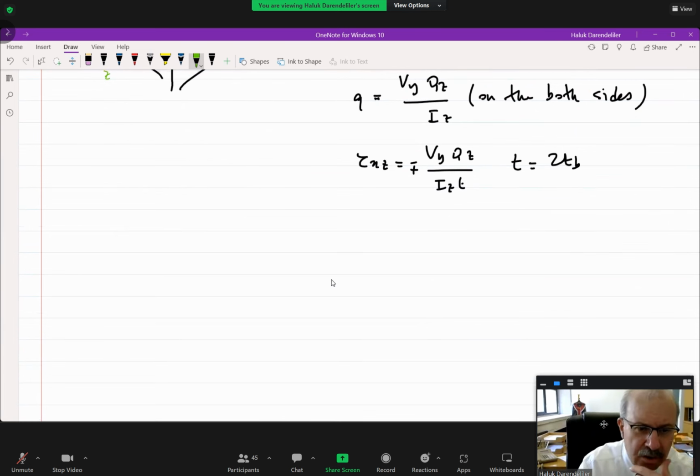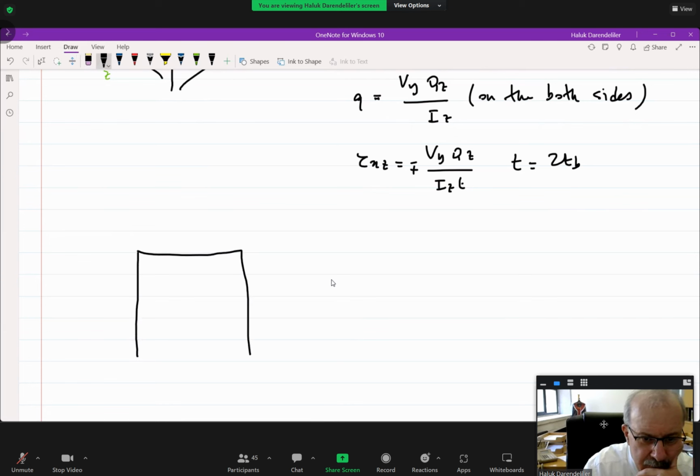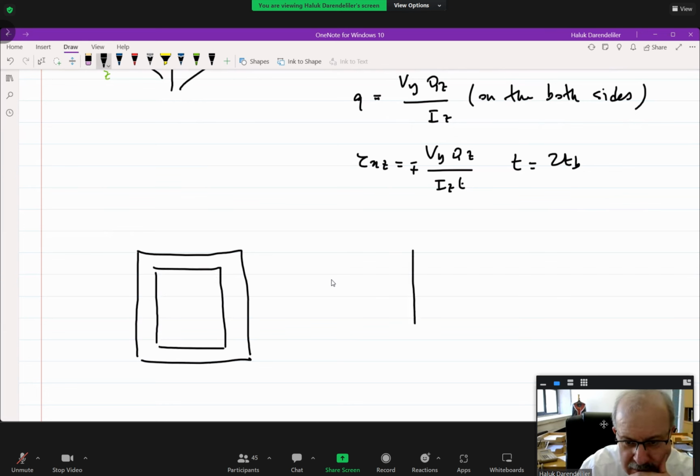Now, what about the shear flow? First of all, look, if you take such a portion from this element, okay, this is our box, right, which we have the cross section, and this is also the same box, the same cross section at the same location, nothing changed. I'm using two figures for that purpose. Okay.